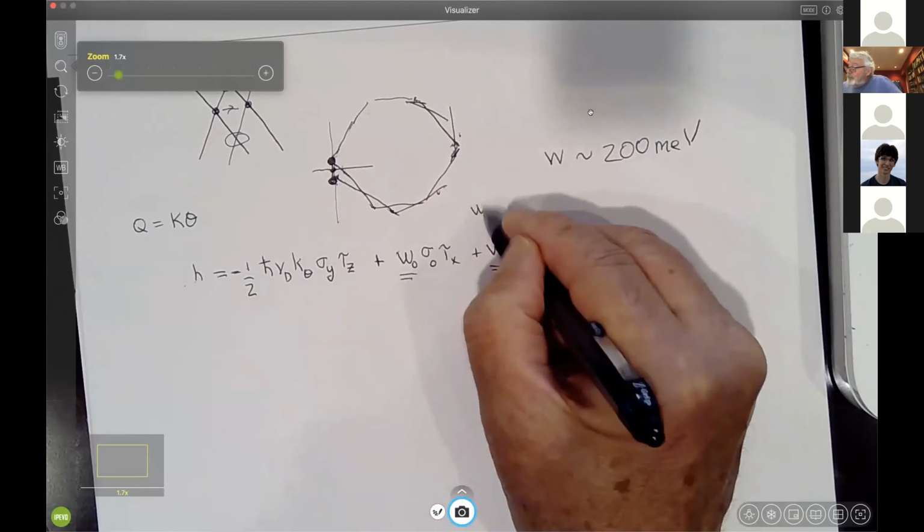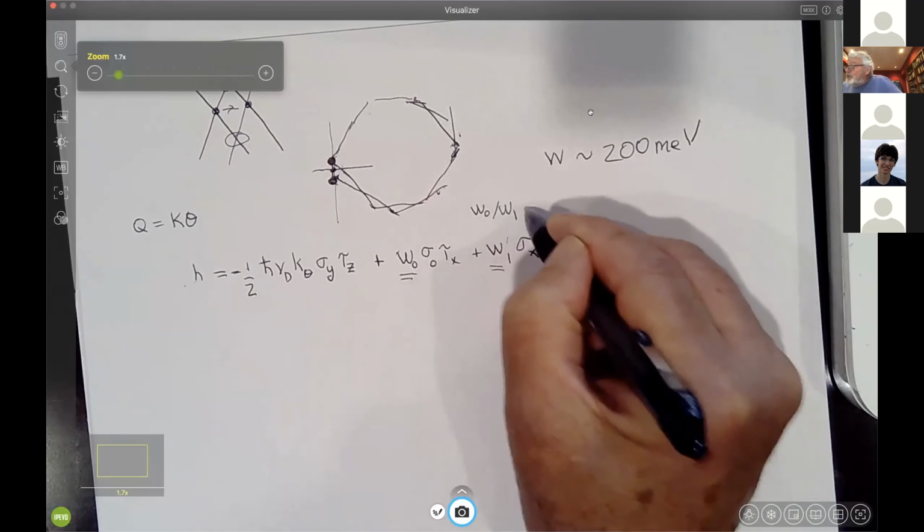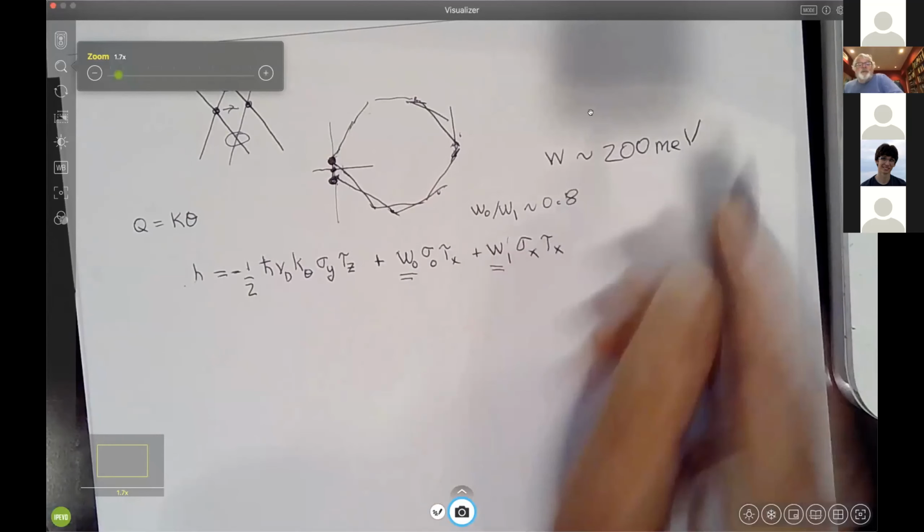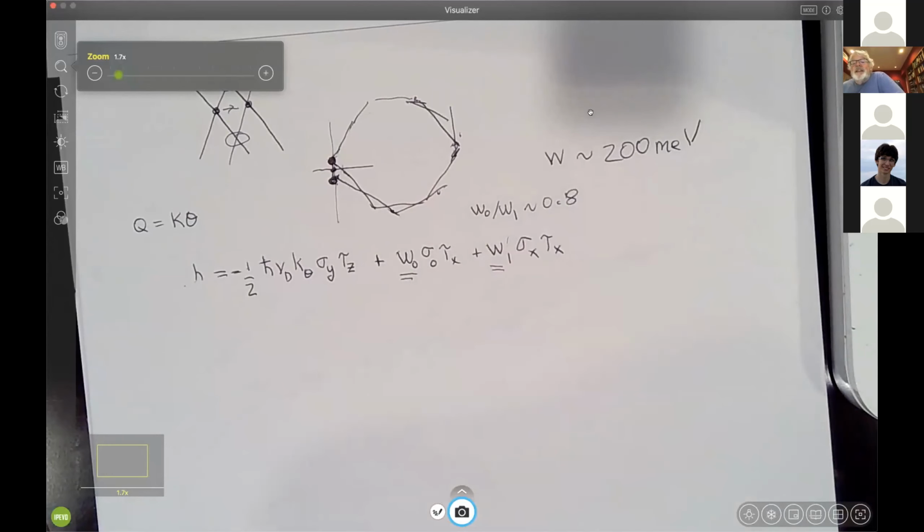And maybe this ratio is 0.8. The simplest way to think about that is that it's known that when the local stacking is AA, then the tunneling is mainly between the sublattices, then the layers actually move farther apart from each other, and that reduces the strength of that tunneling.